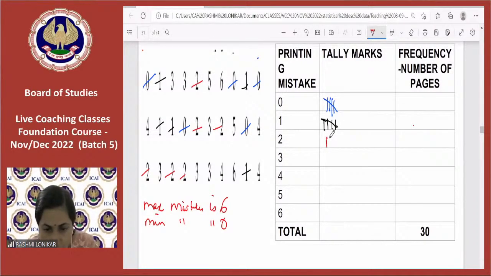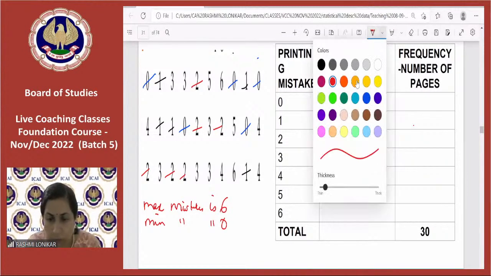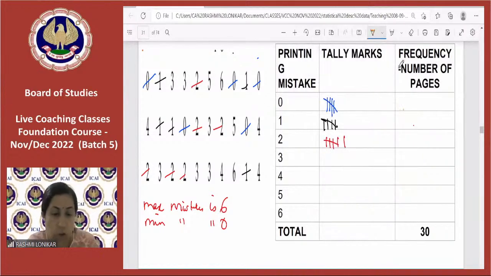So this will be 1, 2, 3, 4, 5, and then 6. I will again form the new bundle. And let me see 3. How many are there? 1, 2, 3, 4, 5, 6. So 1, 2, 3, 4, and then 5 and 6.